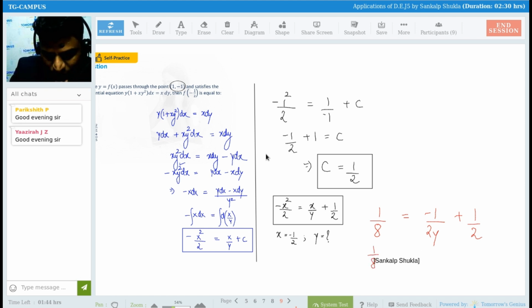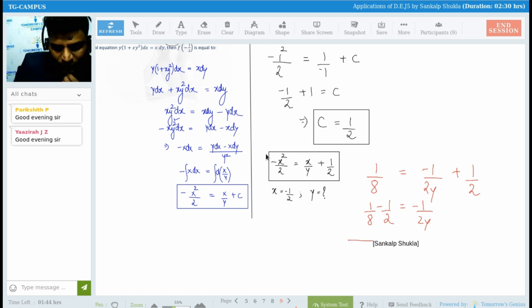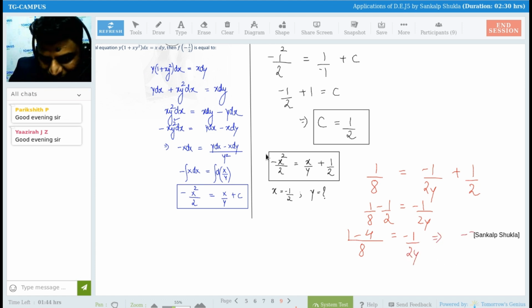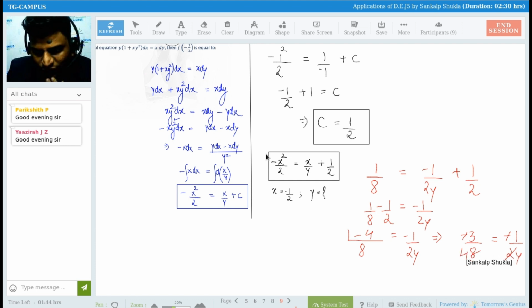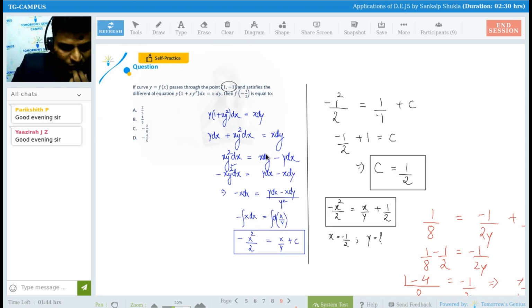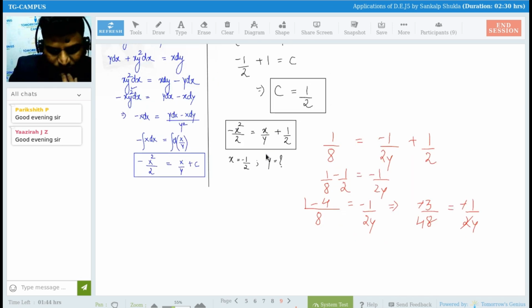So 1 by 8 minus 1 by 2 is equal to minus 1 by 2y. What is 1 by 8 minus 1 by 2? The LCM is 8. It is 1 minus 4. It implies that minus 3 by 8 is equal to minus 1 by 2y. So this minus minus will get cancelled, and this 2 and 8 will get cancelled. So 3 by 4 is 1 by y. That means y is 4 by 3.